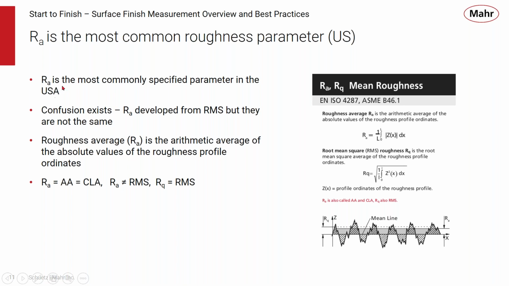Like I say, Ra is the most commonly used parameter in the U.S. There is some confusion because at one time people would refer to Ra as coming from RMS, or the root mean squared method for analyzing the roughness, but they're really not the same. Ra is the arithmetic average of the absolute values of the roughness profile coordinates.